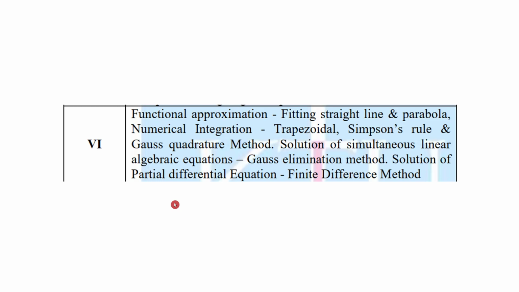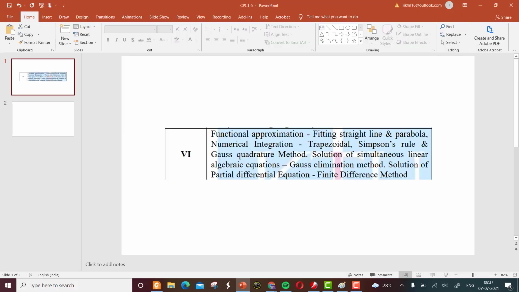So I think you already went through all the topics except the finite difference method and the Gauss quadrature method. So this will be basically a quick recap of what you have learned in the previous semesters.